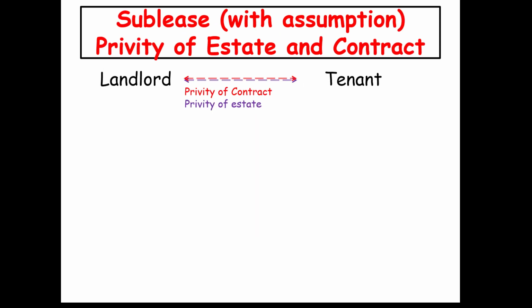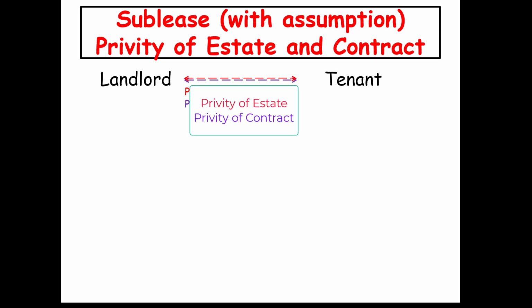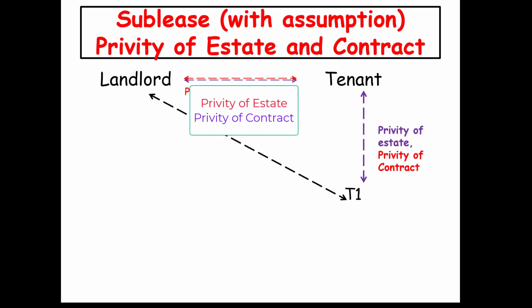So let's look at how this changes the relationship. So the landlord and the tenant, again, have an original deal, right? The tenant, again, subleases to a new tenant, creating privity of estate and privity of contract.